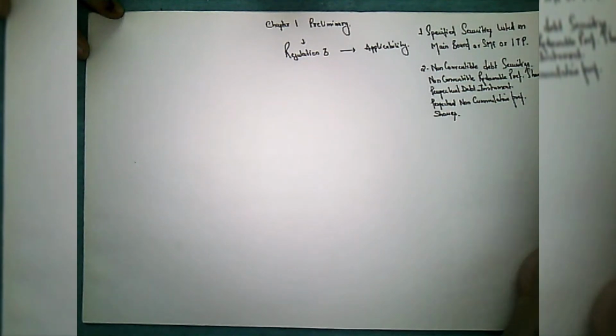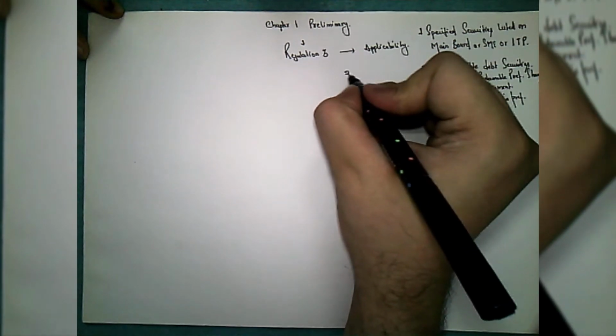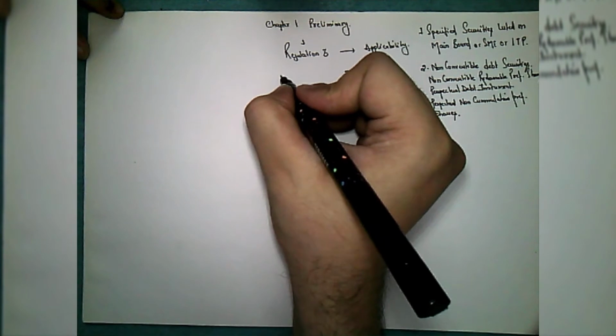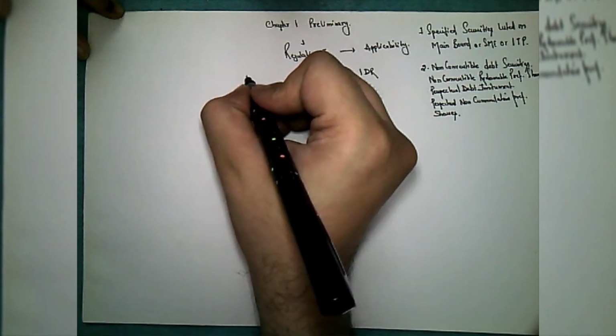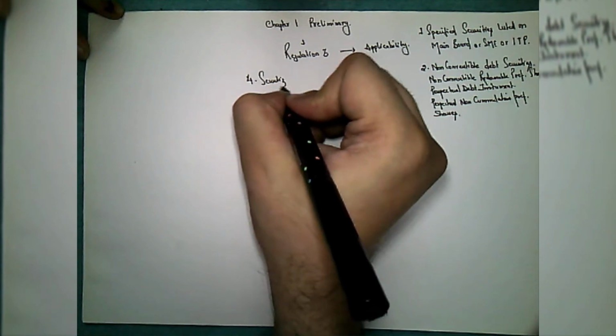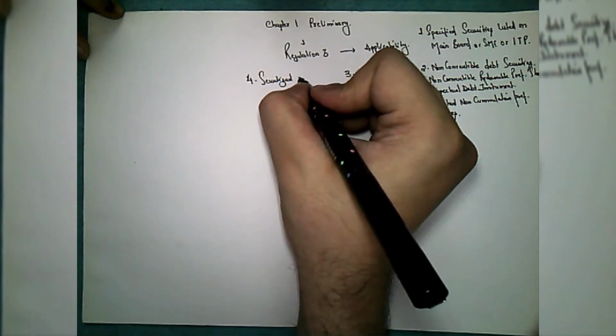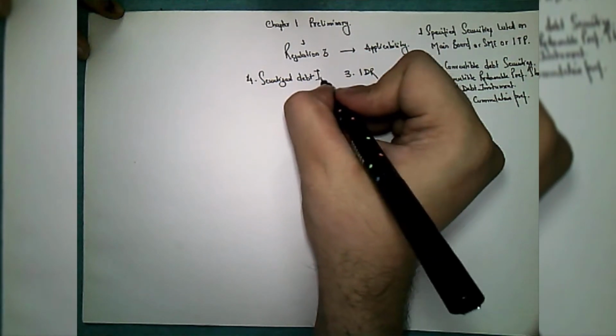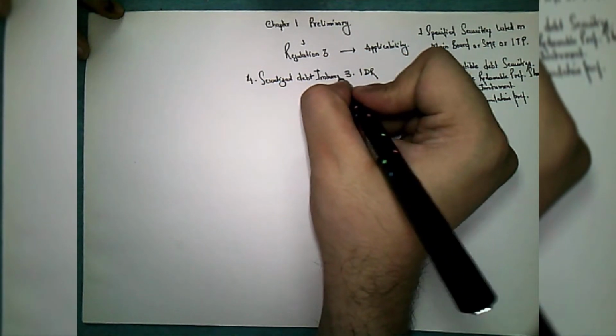Right. Third, Indian depository receipts. Fourth, securitized debt instrument.